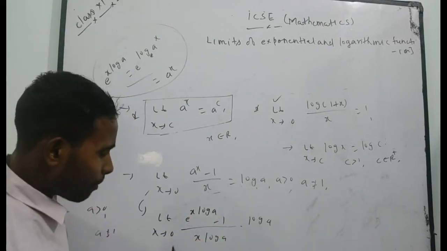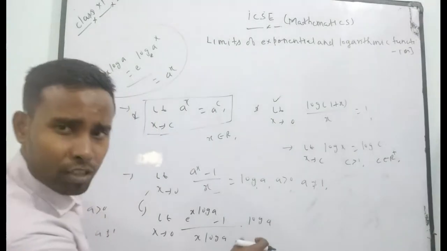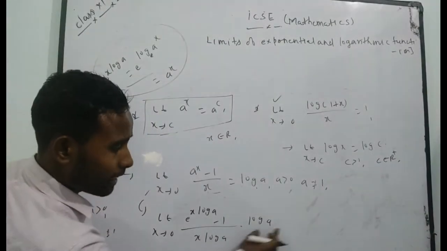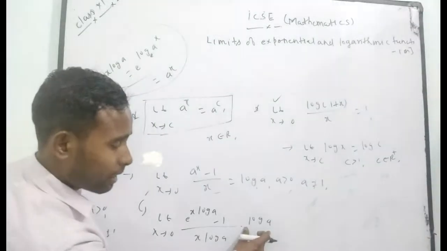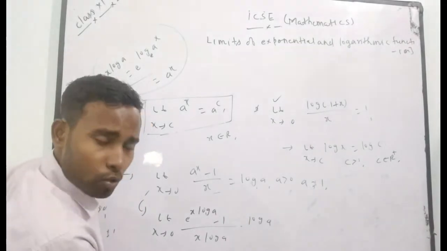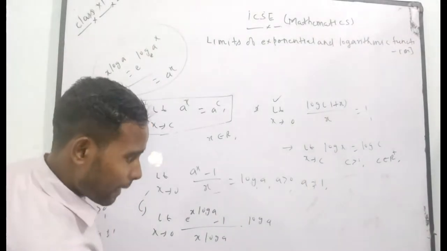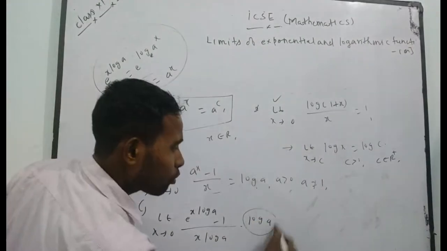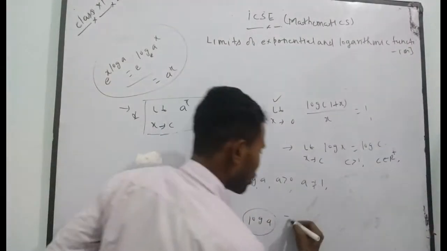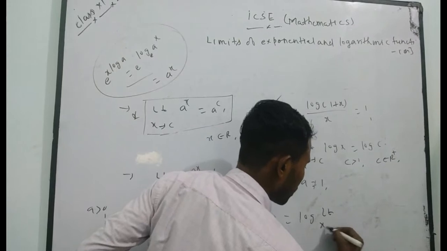Now you can consider this: log a is a constant. I have taken log a in the numerator and simultaneously in the denominator, so it doesn't affect the expression. Now I want to take log a common from the numerator, so you get log a times the limit as x tends to 0.